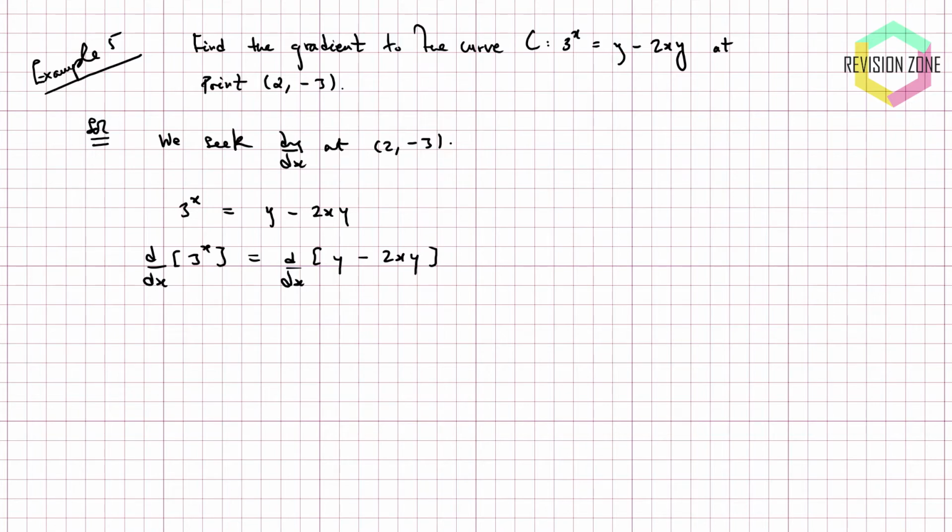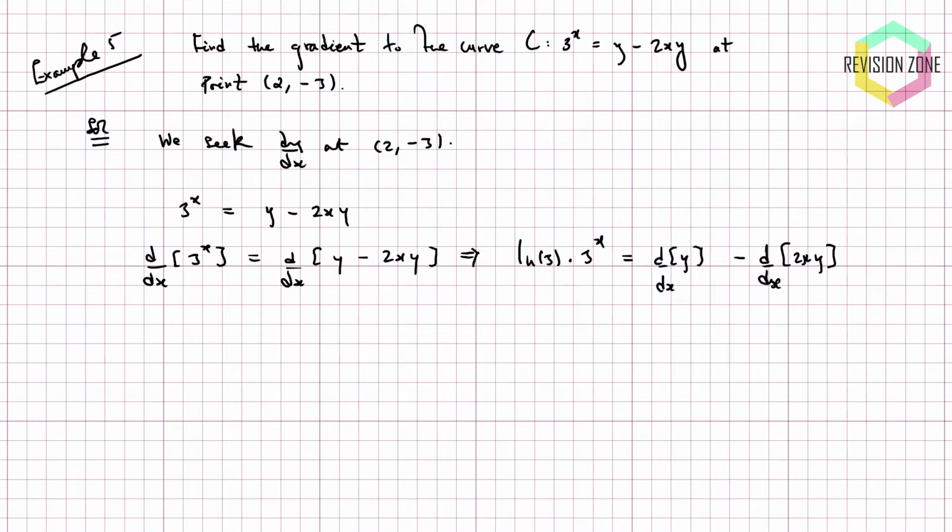Now, the derivative of something like 3 to the power x is a standard derivative. We've already seen formulas for this sort of thing, so it's going to be log 3 times 3 to the x. And the derivative on the right-hand side is dy by dx applying to just y, and then take away dy by dx applying to 2xy.